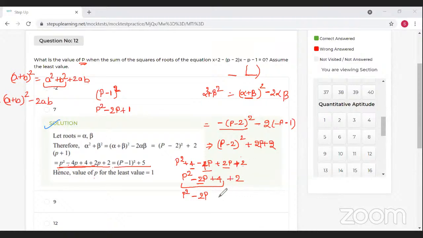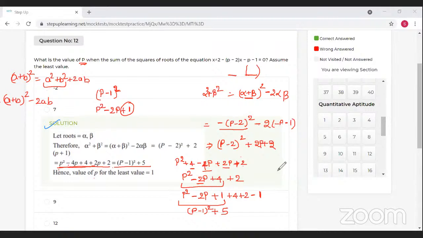To get this plus 1, we will add 1 and subtract 1. So plus 1 plus 4 plus 2 minus 1. So you will get (p minus 1) whole square plus 5.